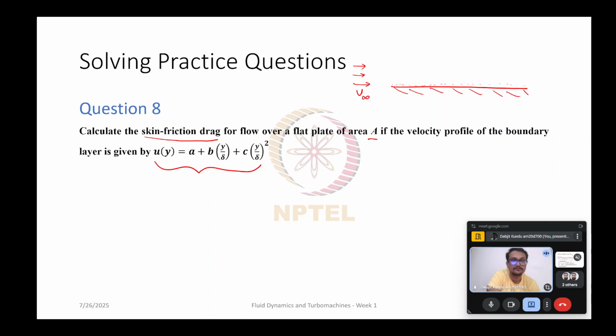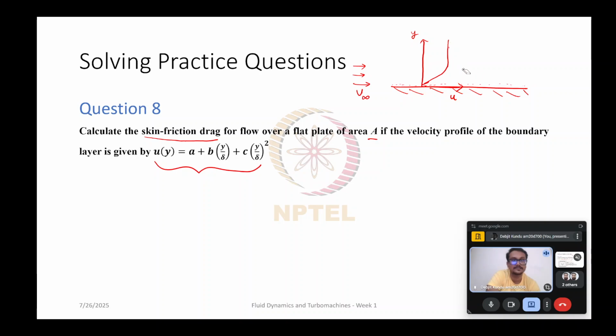If I try to draw the velocity profile, this is my y-axis, and I draw the velocity in the x-axis. It would be zero at the wall, and it would slowly increase and become constant after a certain distance. This thickness, this distance is called the boundary layer thickness.